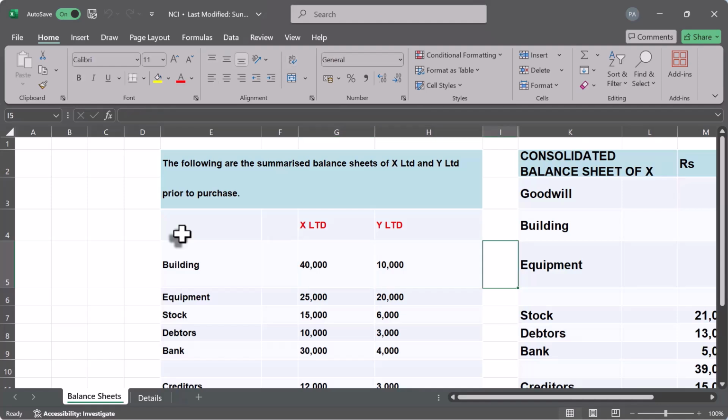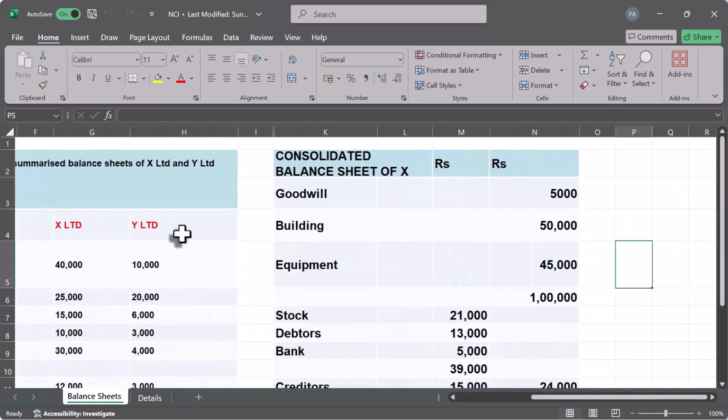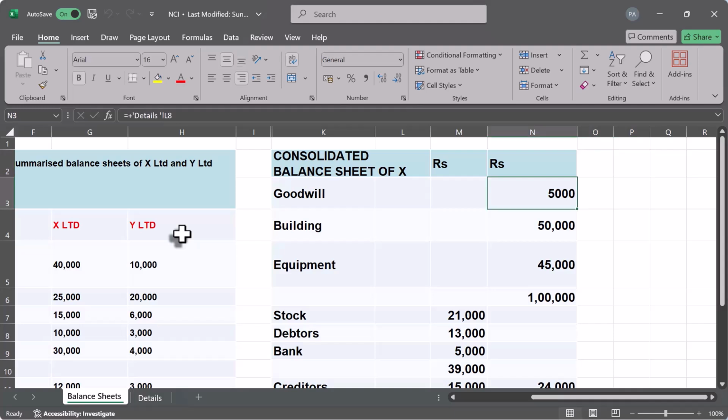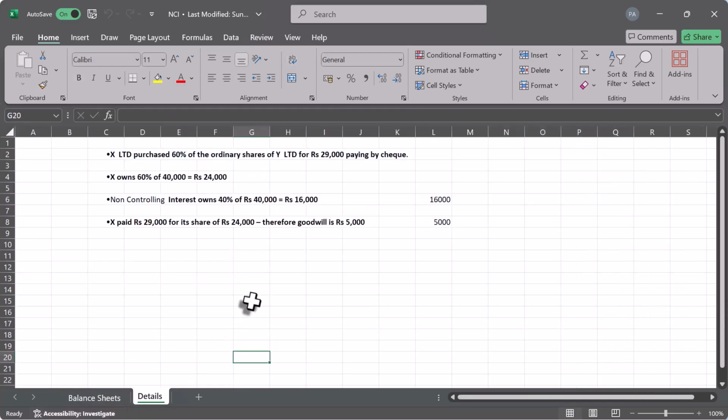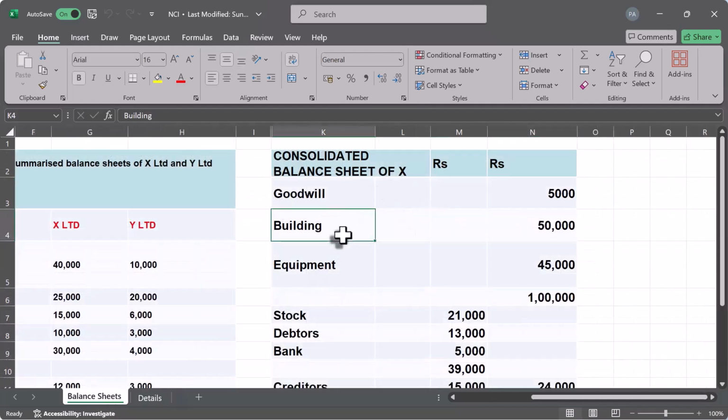It will become an asset of X Limited, isn't it? Fine. And if you go to the details, you will find it is there. So 5,000 was the goodwill coming from the extra money which they paid to acquire shares worth 24,000, and they paid 29,000. Now coming back to this, the building will be 50,000, which is 40 plus 10. So we can see the formulas there. Is that okay?